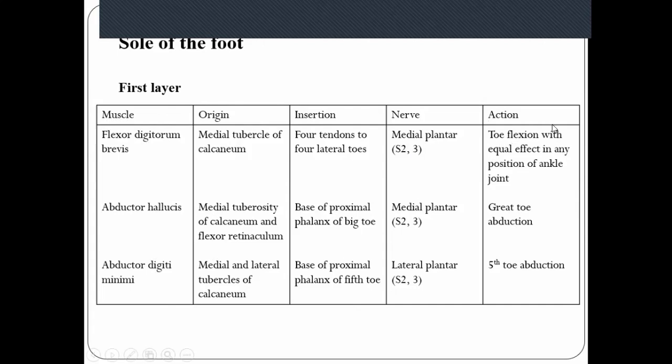helping toe flexion. And the flexion effects on the toes are equal in any position of the ankle joint, whether the foot is elevated or inverted.